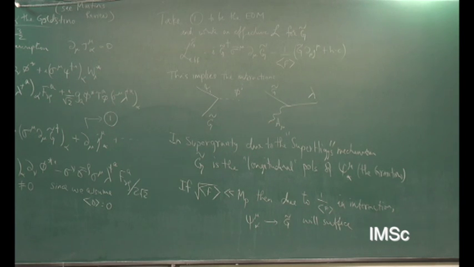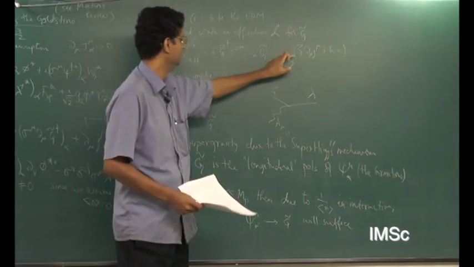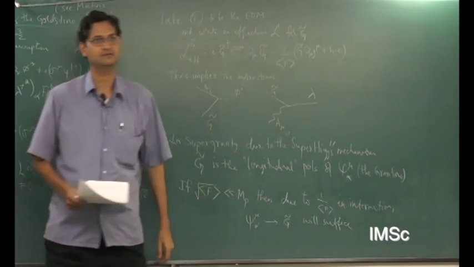So all the gravity things we can safely ignore at low energy because they are suppressed by 1 over M Planck. But the reason we could not ignore this object is because we find that this interaction does not go like 1 over M Planck, but goes like 1 over F.